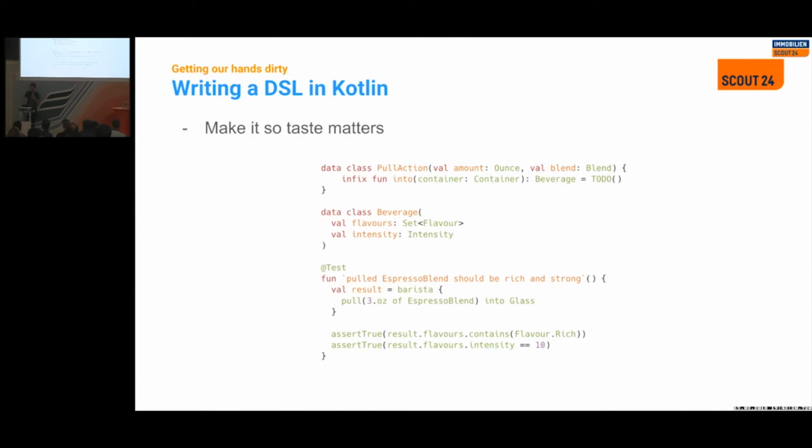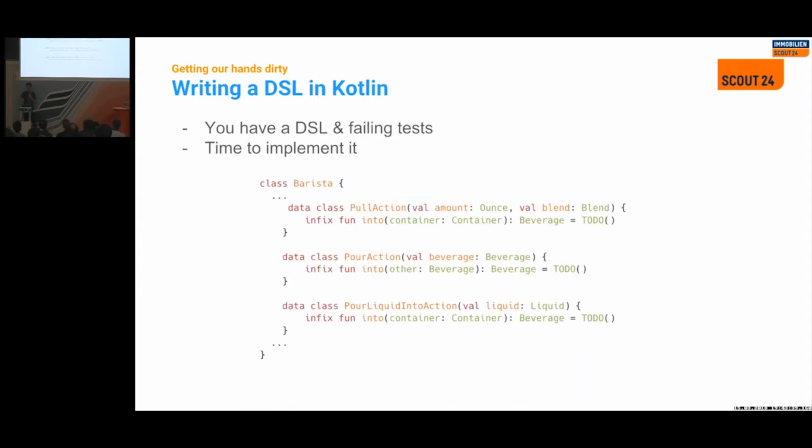We would expect that if you just pour an espresso shot into a glass, its flavor is rich and its intensity is pretty high, 10 out of 10. So, testing. We've written our domain-specific interface, we write tests, and then we can move on to implement it.